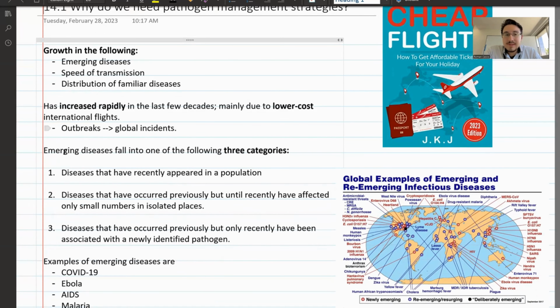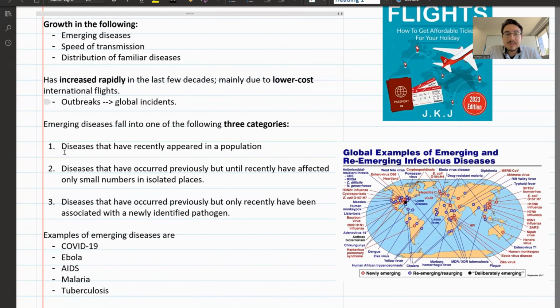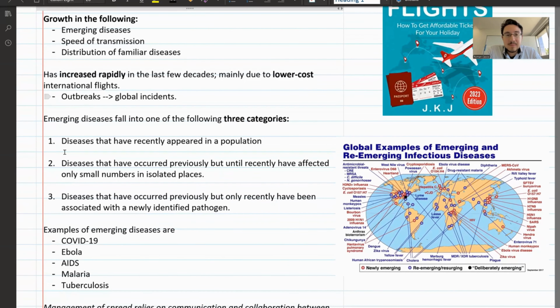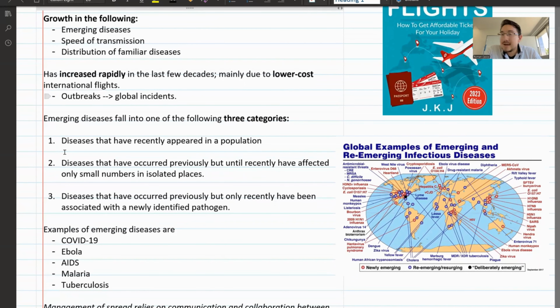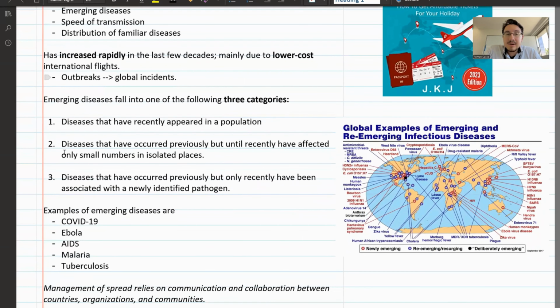These emerging diseases, because of this idea of spread and globalization, can be broken down generally into three categories. You have diseases that recently appear in a population.